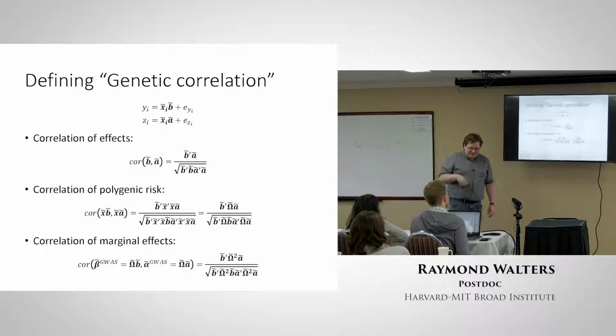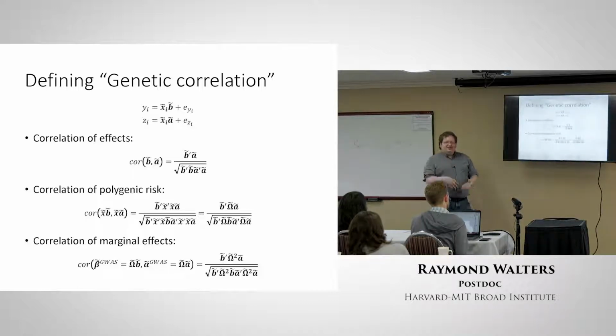But we might also be interested, and it is perhaps the more common way genetic correlation gets talked about, in essentially the correlation of the total polygenic risk. So rather than worrying about whether the conditional effects line up on a SNP by SNP basis, we talk about the correlation of the total risk, which allows that maybe it's not the same causal variant, but it's very much in the same region and trends in the same direction.